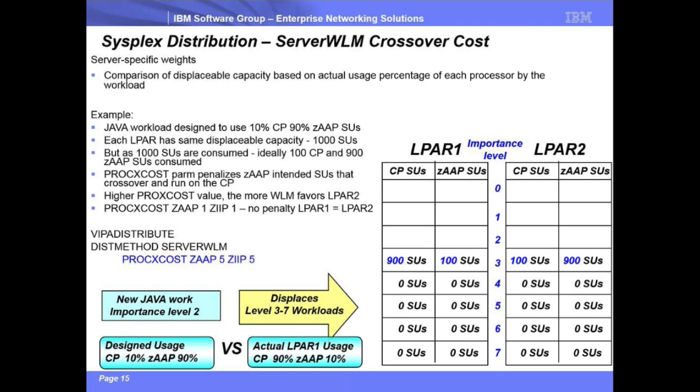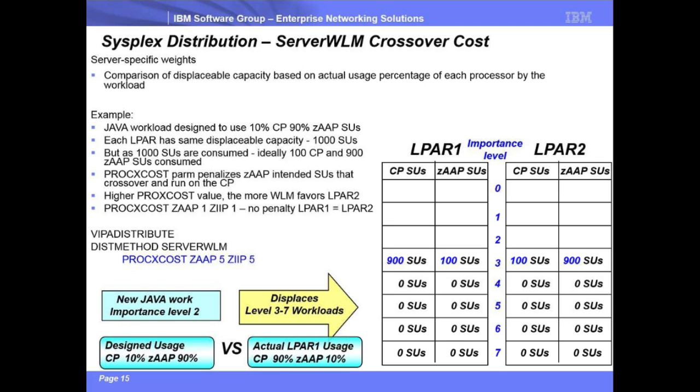So in this example, we have 1,000 service units of displaceable capacity on each LPAR, but on LPAR1 there are only 100 service units of zAAP processing service units. So ideally, you would want to prefer LPAR2 for this type of application.